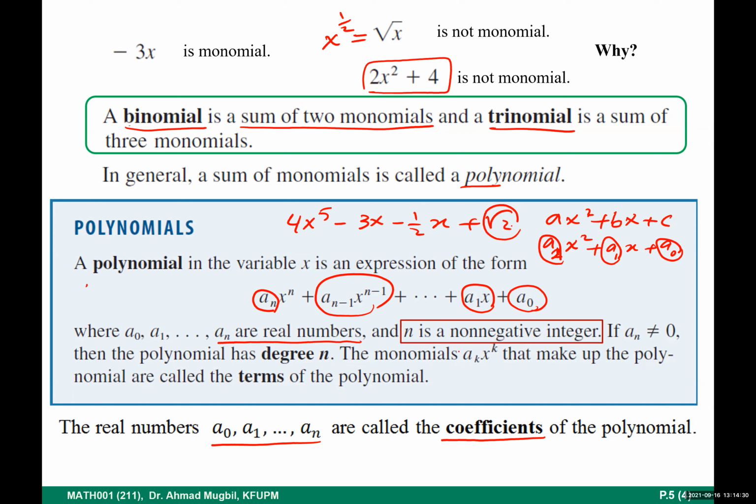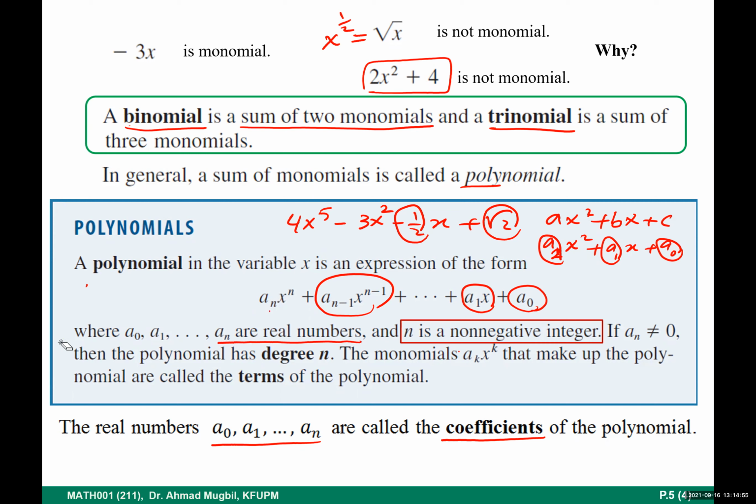For example, here it is square root of 2, here it is negative half, and here, of course, it is negative 3, and so on. So when you have something like this, this is called a subscript, Shabab, and you can read it A_n. It is formally A subscript n, but we shortly read it as A sub n, or just more shortly A n.